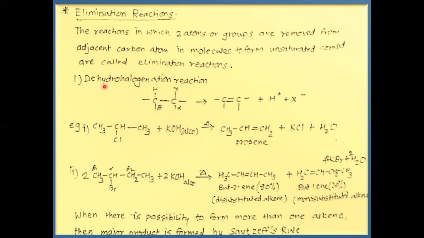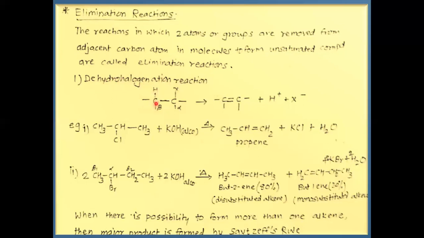First, dehydrohalogenation. De means to remove, hydrohalogen means HX. Removal of HX from the given compound is known as dehydrohalogenation. Now see the general reaction, where the general compound is given.